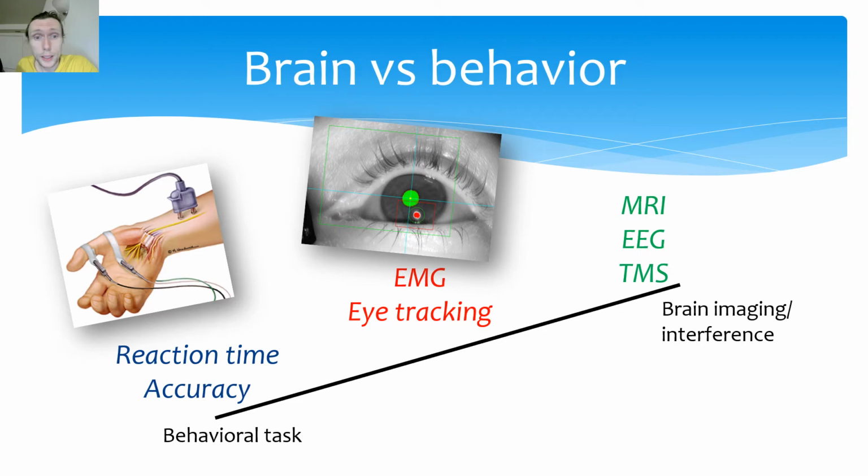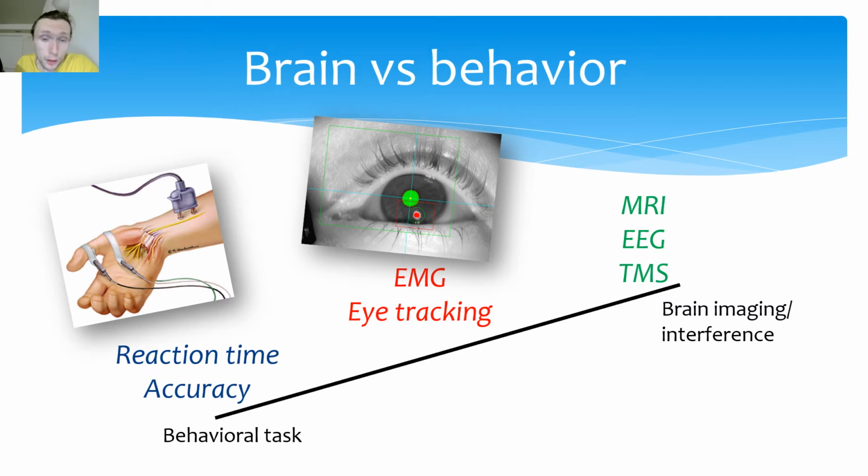By measuring activity in a muscle, you kind of get an indirect measure of what's going on in the motor cortex, because of course the motor cortex is directly coupled to the muscle output. So these two methods are some intermediate methods that you can combine either with a task or with the imaging/interference methods, MRI, EEG, and TMS, to get more information about some physiological things going on.